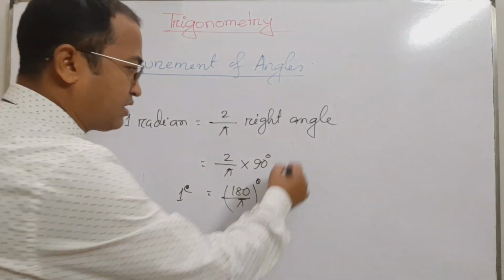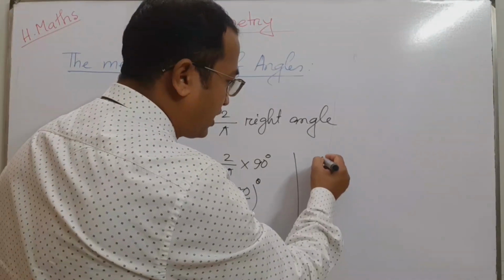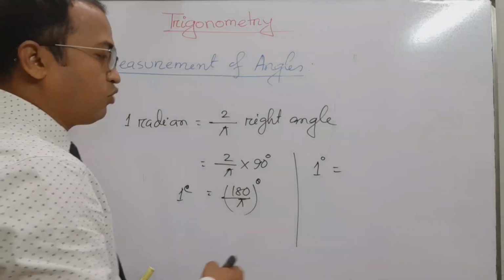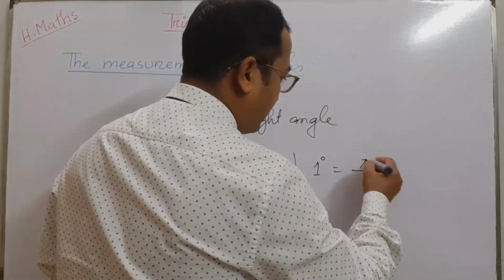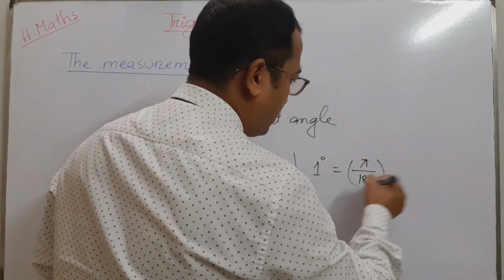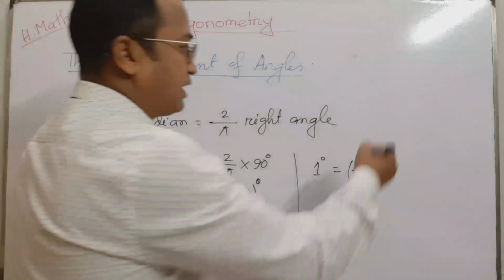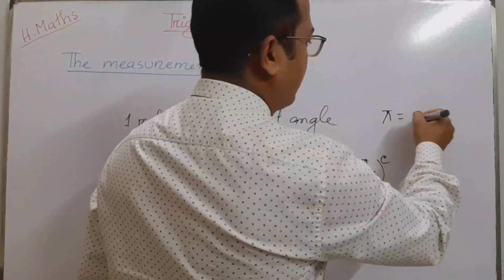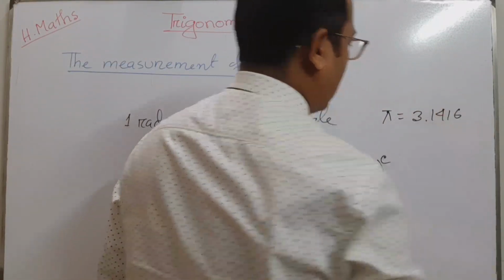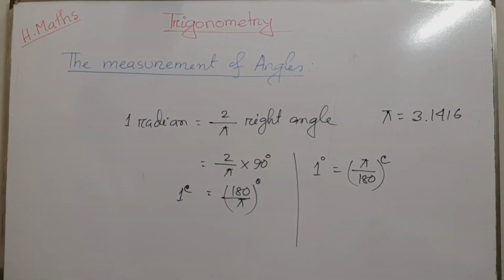Similarly, we can write 1 degree. So 1 degree is equal to what? 1 degree will be pi by 180 radian. Look here, the value of pi is 3.1416.